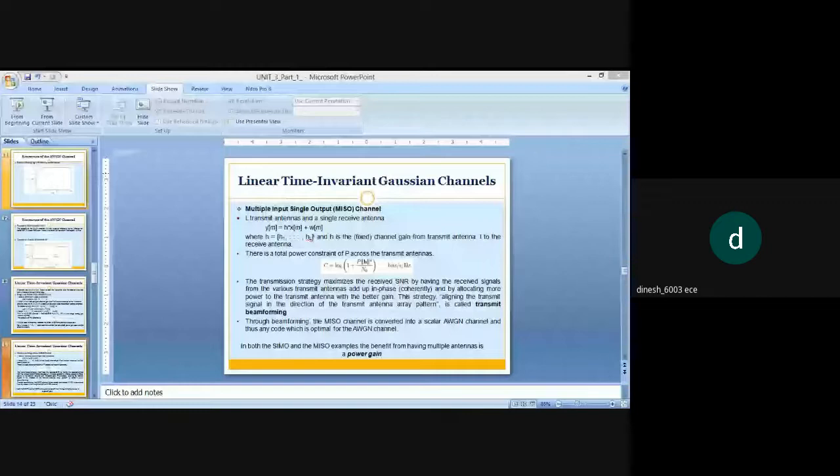Here d[i] = (d_0[i], d_1[i], d_2[i], ..., d_{Nc-1}[i]) transpose. Similarly, w[i] = (w_0[i], w_1[i], w_2[i], ..., w_{Nc-1}[i]) transpose.